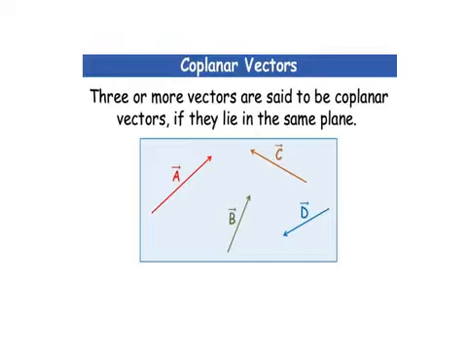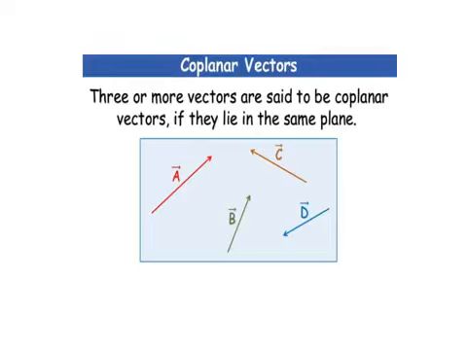Coplanar vectors. Three or more vectors are said to be coplanar vectors if they lie in the same plane. If you consider an xy plane, and you have more than two vectors like A, B, C, and these three vectors all lie in the same plane, and that plane is the xy plane, then these vectors are said to be coplanar vectors.